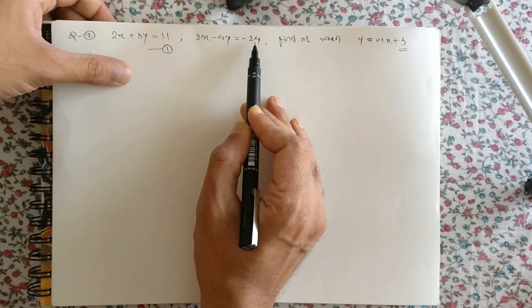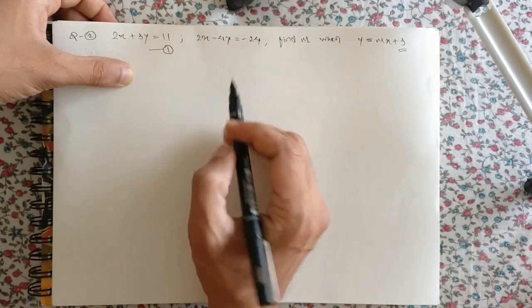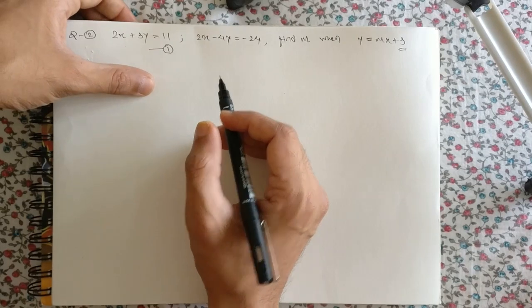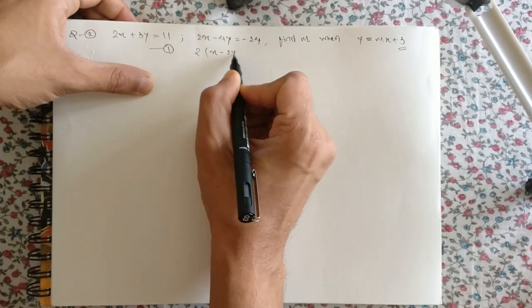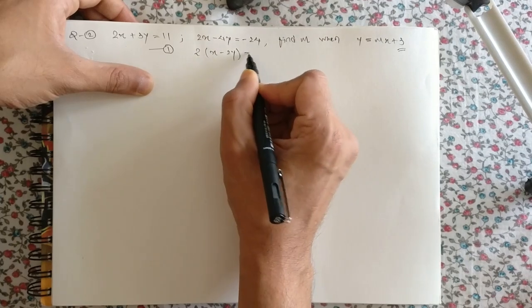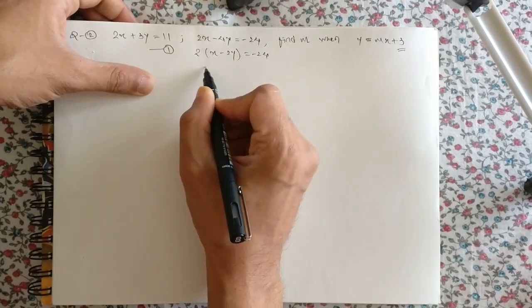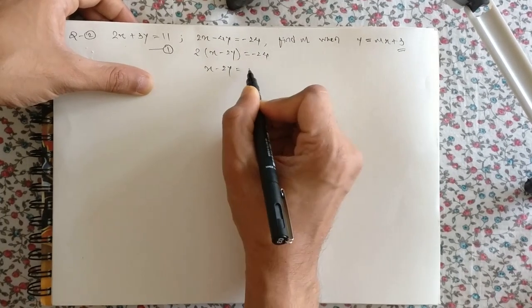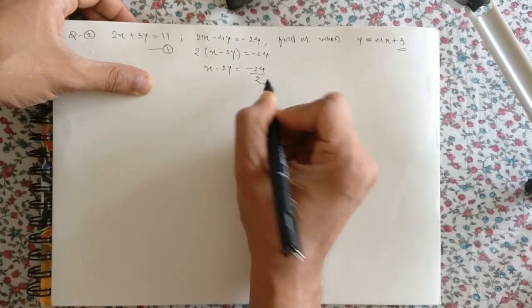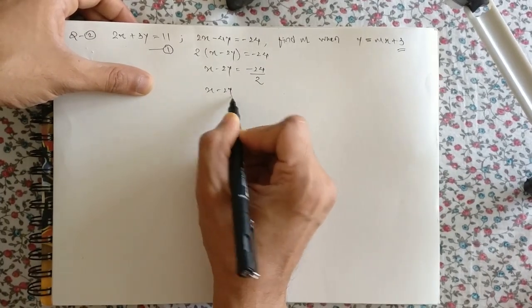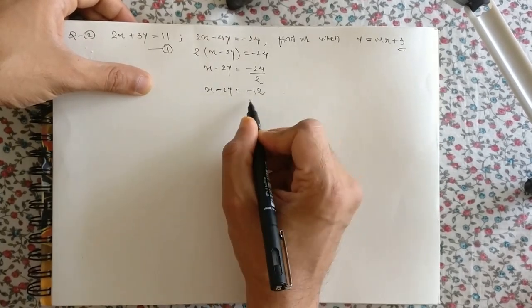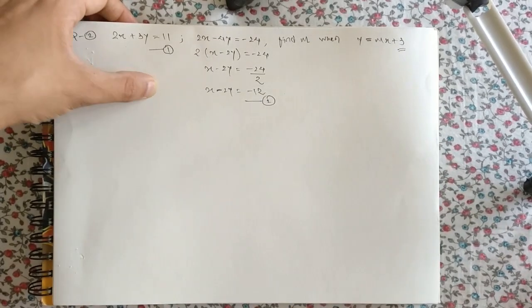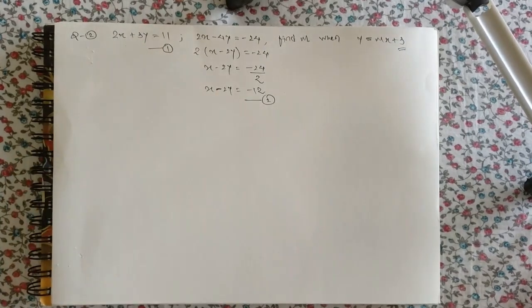And this is also divisible by 2. So why not simplify this before giving it a number? So 2 will come out common. x minus 2y is equal to minus 24 by 2. So x minus 2y is equal to minus 12. Now I think it should be given equation number 2. So this is equation 1 and this is equation 2.